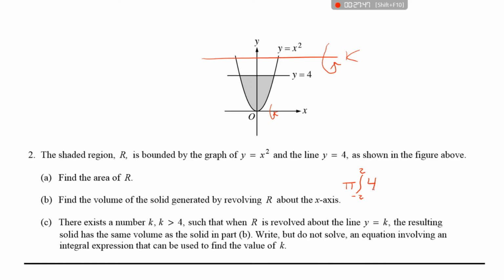So that's 4 minus x squared. I'll do r1 squared minus r2 squared dx. Okay, so I need b in order to solve for k because they said write an equation for the integral expression.